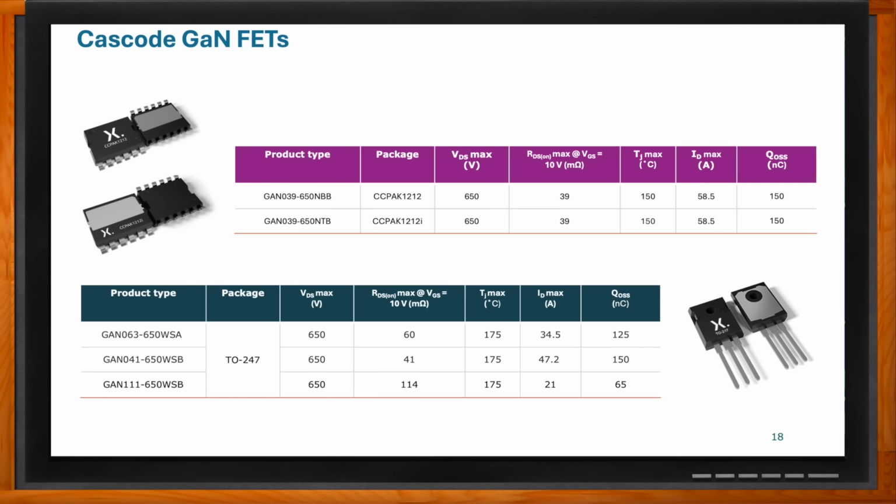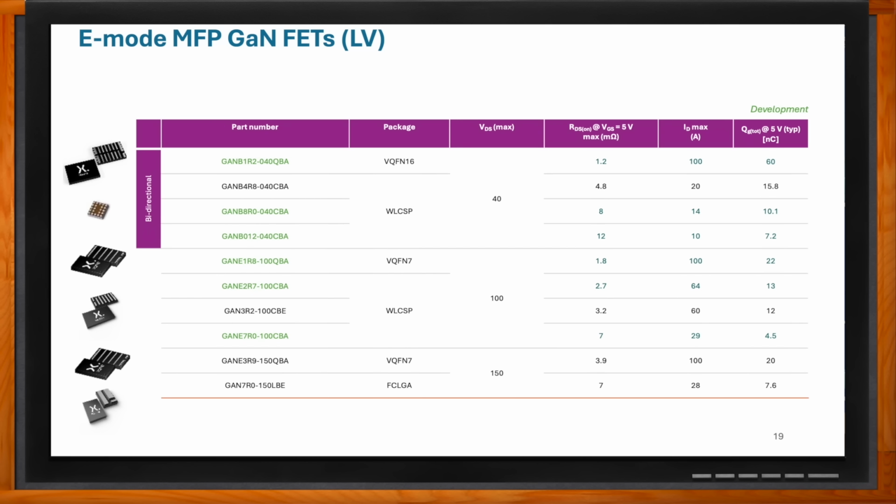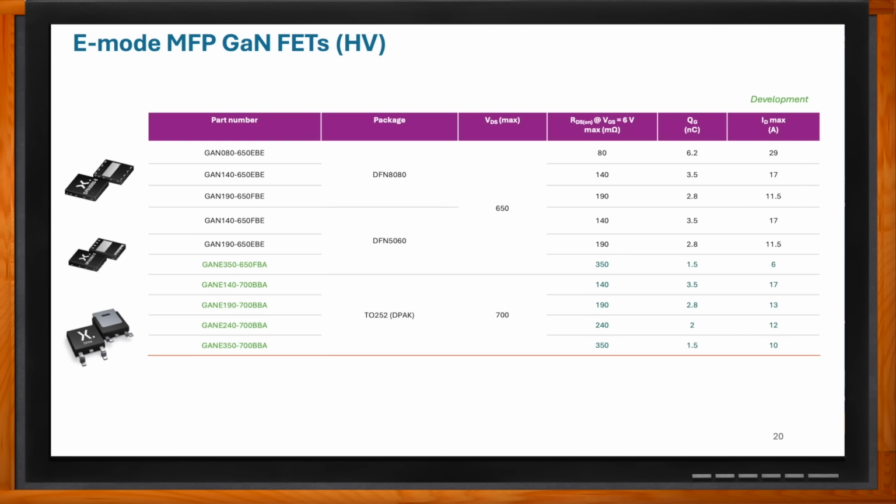Okay, so what about the E-mode GaN FETs you mentioned earlier? The E-mode is what GaN FETs were originally created as. It has an extremely sensitive gate. The D-mode GaN has no problem with the gates being driven like a silicon MOSFET, whereas with the regular E-mode GaN technology, you have to be very cautious of how the gate is driven.